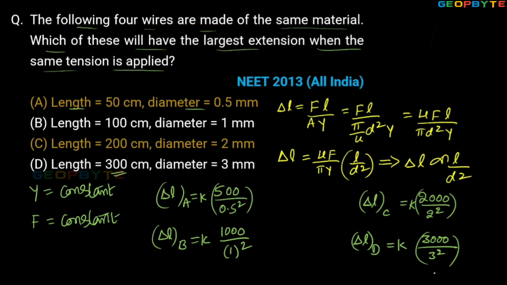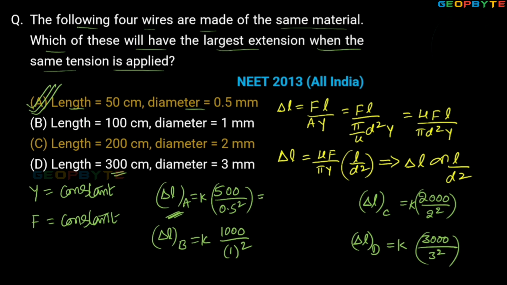Now simplify all these cases. Definitely you will find that delta L for A is the largest value. It is asking which of the following will have the largest extension. Therefore, option A is absolutely correct. That means 500 by 0.5 square is more than the other values.